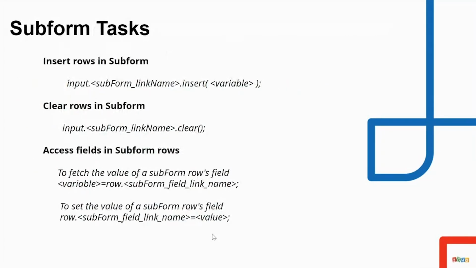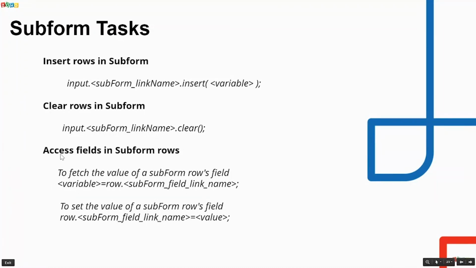So what are the subform tasks that are available? One is inserting rows into the subform, another is clearing the rows in the subform, and the third is accessing the fields in the subform. Here we've listed all the syntax: input.subform link name dot insert of variable, and for clearing the rows in the subform, input.subform link name dot clear.